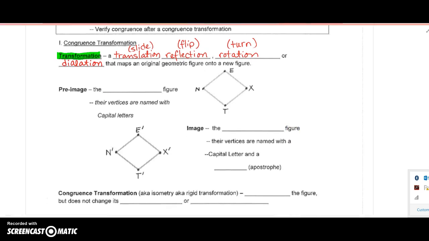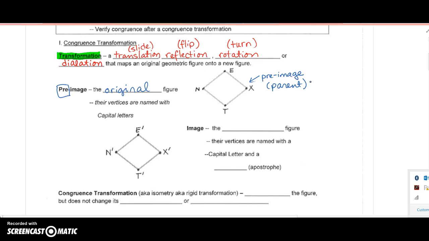So here we go. We've got the original figure, which is called the pre-image. Pre meaning that's where it came from. That was the first thing. So here we have the pre-image, and sometimes the pre-image is also referred to as the parent.